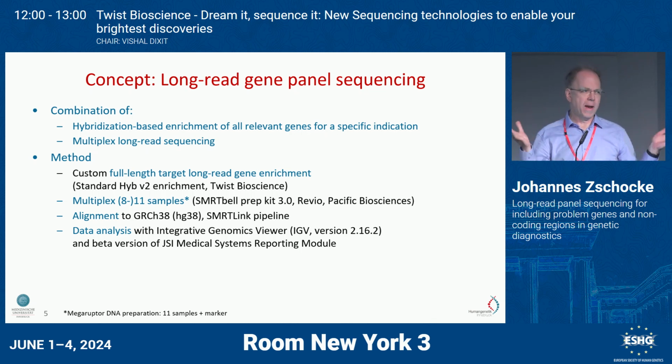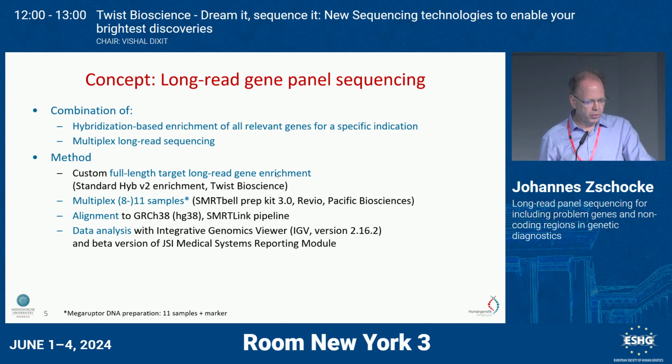Yes, there are undiscovered genes, but it's unlike 8 years ago when we did panel short-read sequencing where we missed all the new genes. We really know quite well for many indications what we are looking for. But we're looking for these in short reads and not in long reads. And there are some problem genes that we do not cover with our standard method. So we combine the well-known hybridization enrichment with multiplex, meaning cost-effective, long-read sequencing.